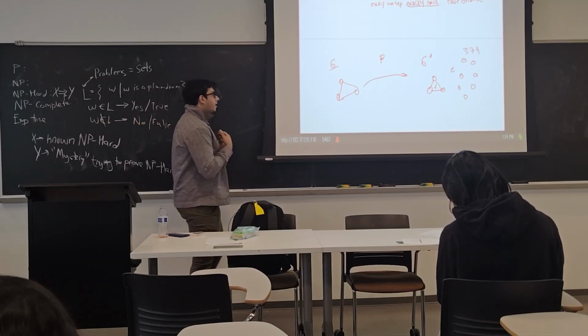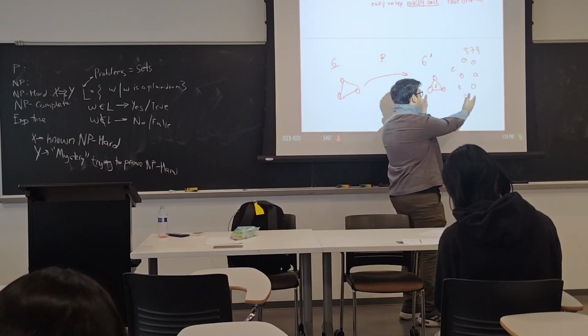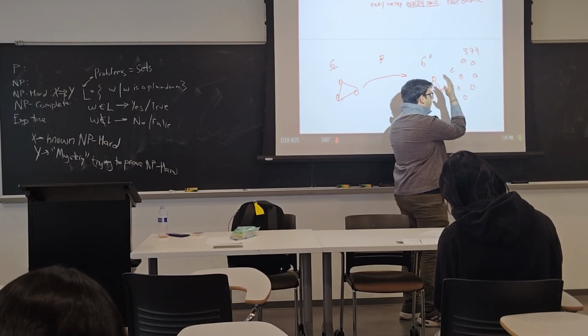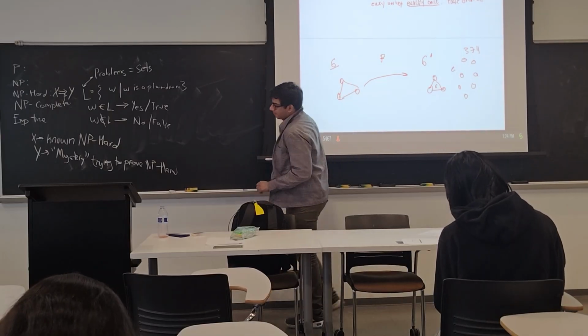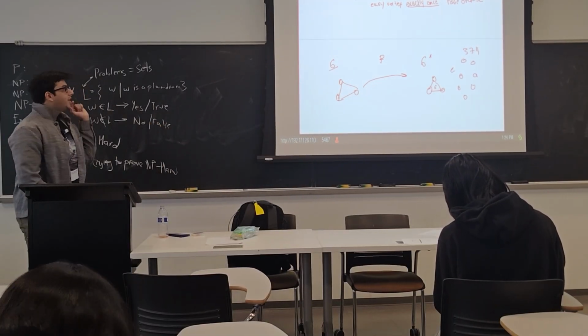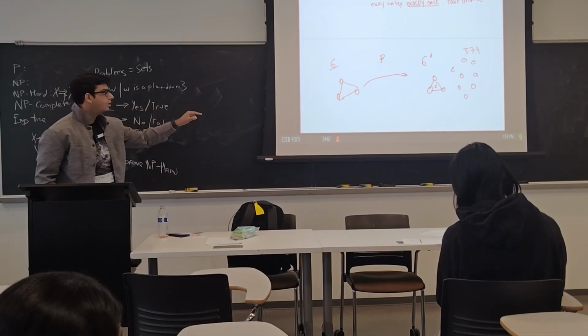So again, I'm trying to solve the problem, does this have a Hamiltonian path? I have a black box on the desk that tells me, given a graph, do I have a path that visits all but 374 vertices? Yes, I do. So if G has a Hamiltonian path, G prime will have a Hamiltonian path that visits all but 374.